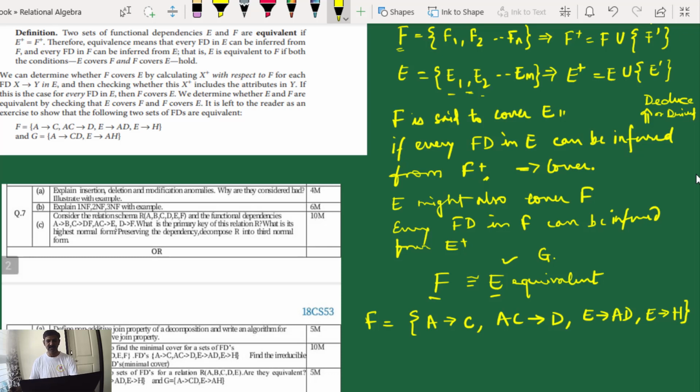G is given as A arrow CD, E arrow H. Now we have to check whether these two sets of functional dependencies are equivalent or not.